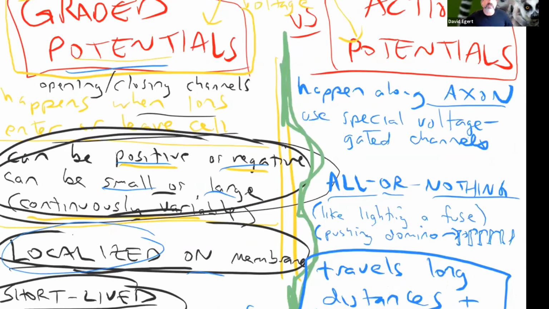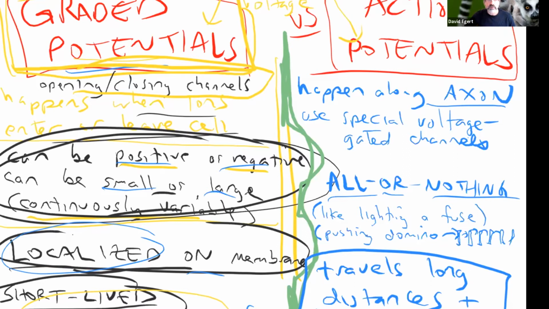So any questions about the core difference between graded potentials and action potentials, theoretically? Again, for graded potentials, all we need to do is open and close channels on the dendrites and the soma. If you open up a sodium channel, the voltage will go up a bit as sodium comes in. If you open up a chloride channel, the voltage will go down as the anions come in.